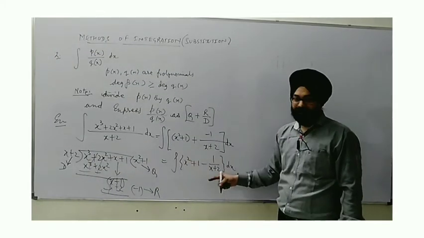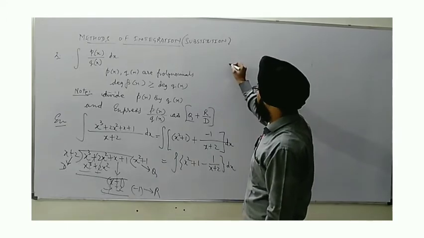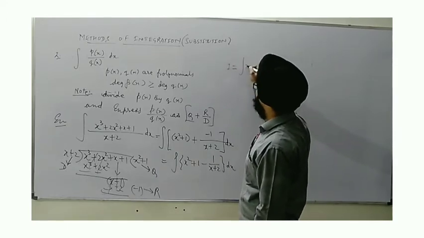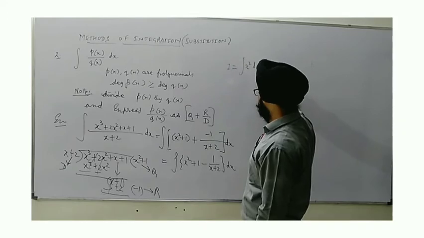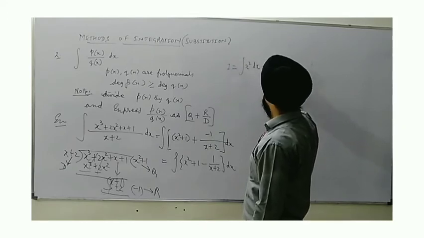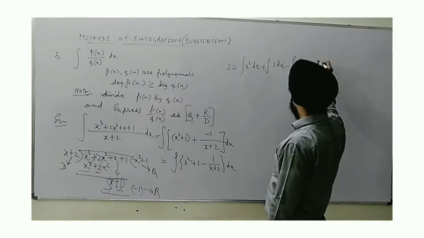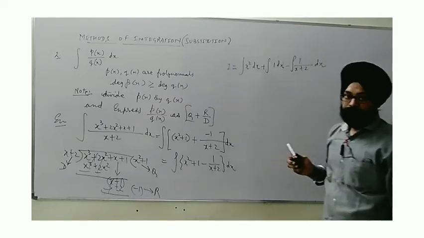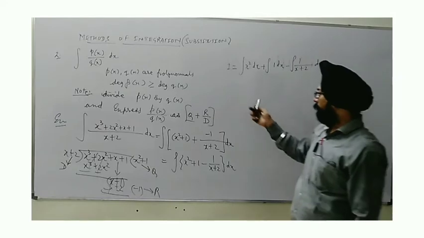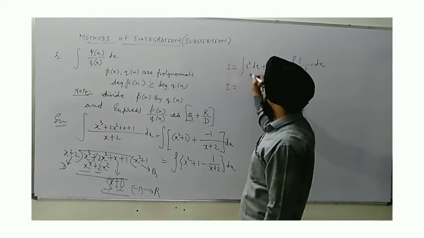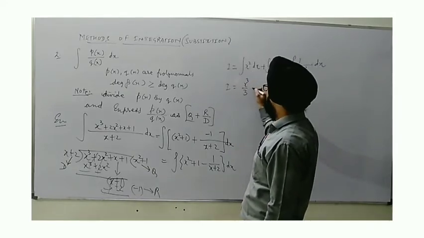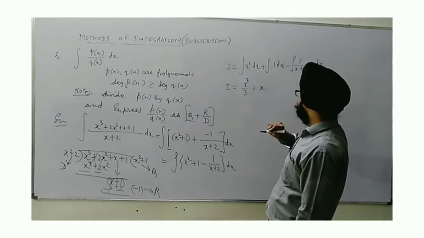So this integration can be separated, and we write I as the integration of x square dx plus the integration of 1 dx minus the integration of 1 upon x plus 2 dx. We can do it directly now. I is equal to x cube upon 3 plus, for 1 dx, x.